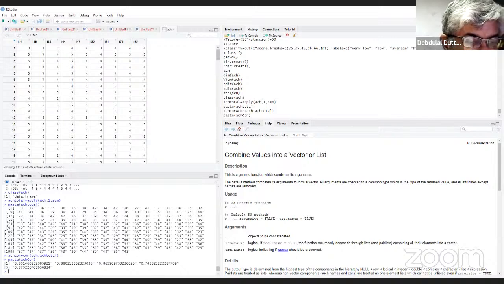So 9 items are there, and each item is correlated with the total score. So the first item correlation is 0.85, next 0.88, third one this, fourth one this, and fifth one this.